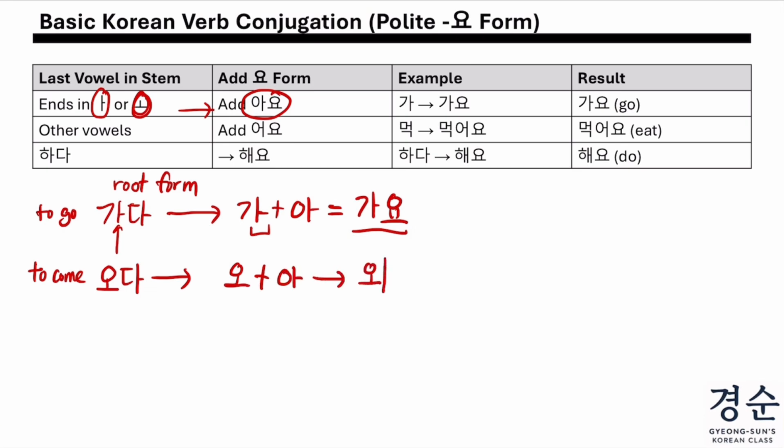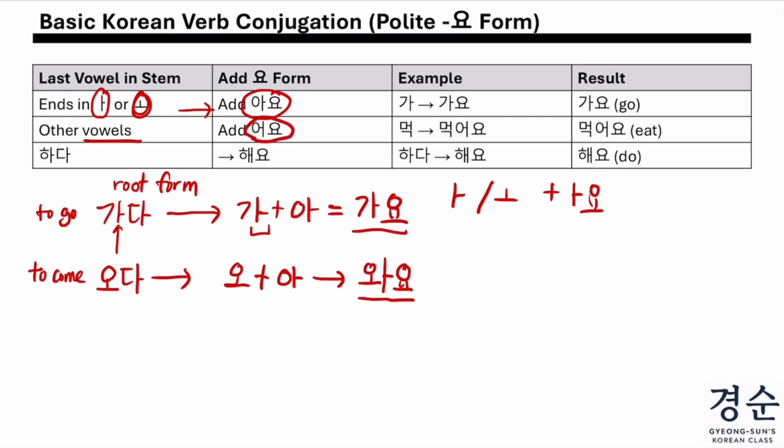O ayo, so it's wayo. Okay? Very simple. A or o, you just add ayo. And other vowels, we just add oyo.